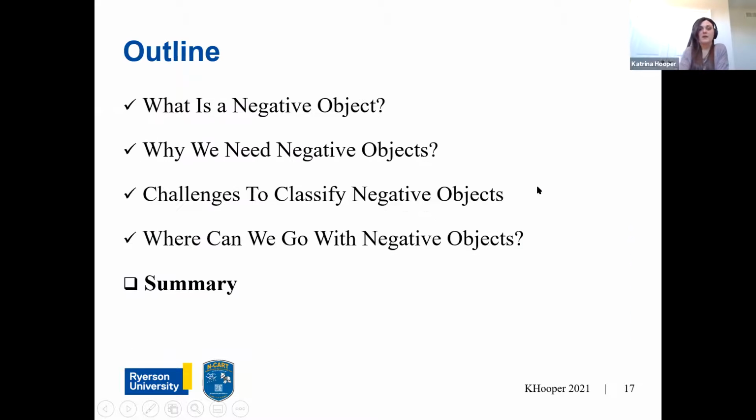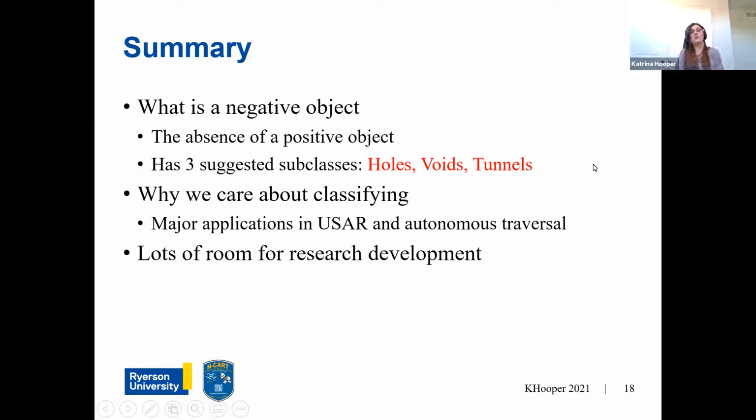So now I'd like to do a quick recap and talk about the takeaways from this paper. What is a negative object? Simply put, it's the absence of a positive object. I suggest three subclasses, which are holes, voids, and tunnels. Why should we care?